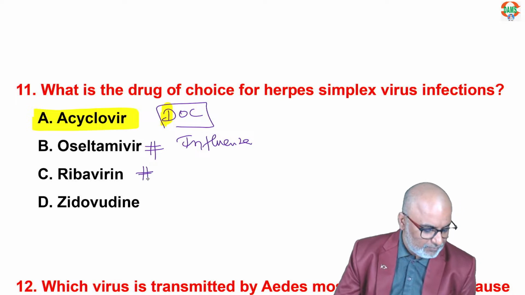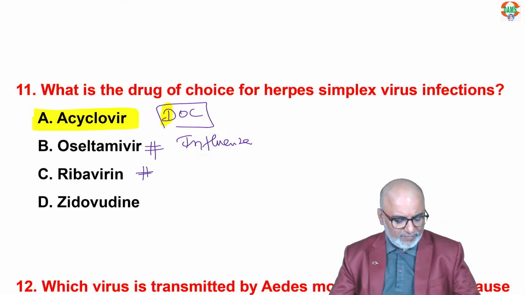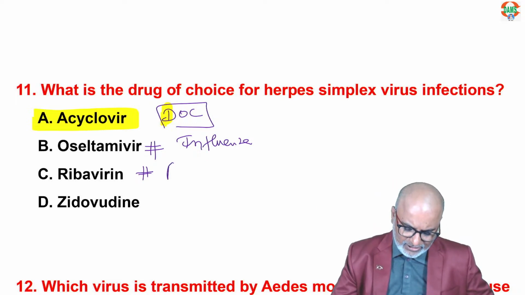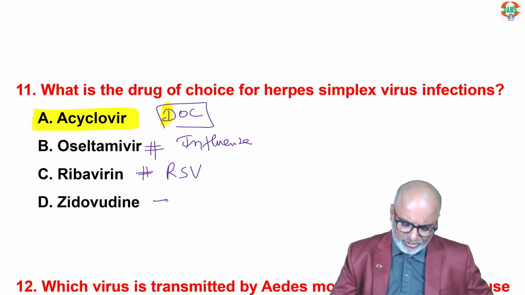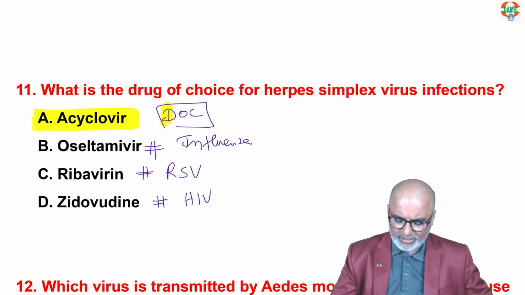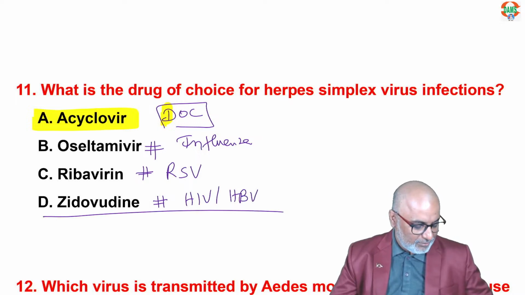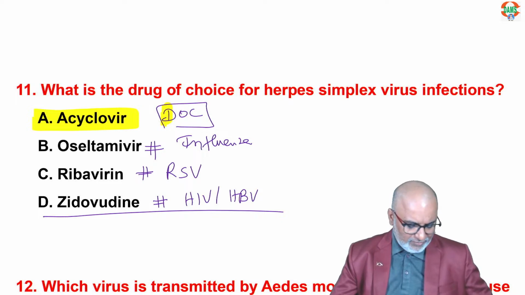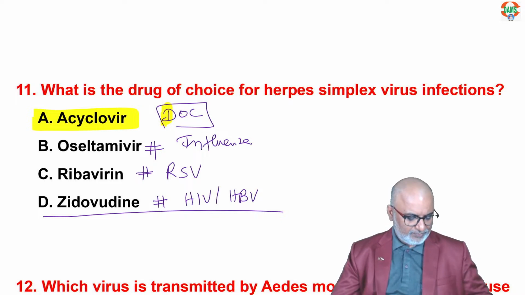Ribavirin we are mainly giving for respiratory syncytial virus. Zidovudine is a drug for HIV. Got it?